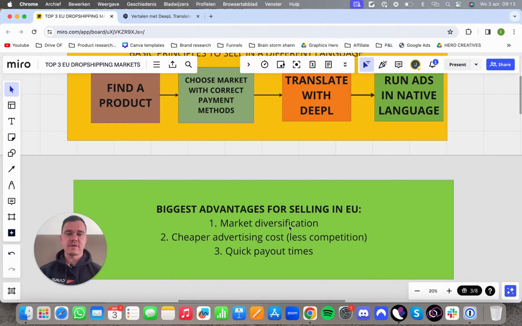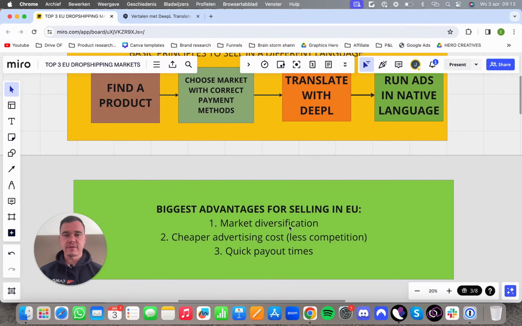So market diversification is very important. You can use the same landing pages, the same content, but just in a different language, in a different country. So you don't have to build out new assets, you just need to build maybe some new landing pages, but the content will be the same, just translated. Pretty simple. And this means that you can be selling in maybe 10 countries with one product.